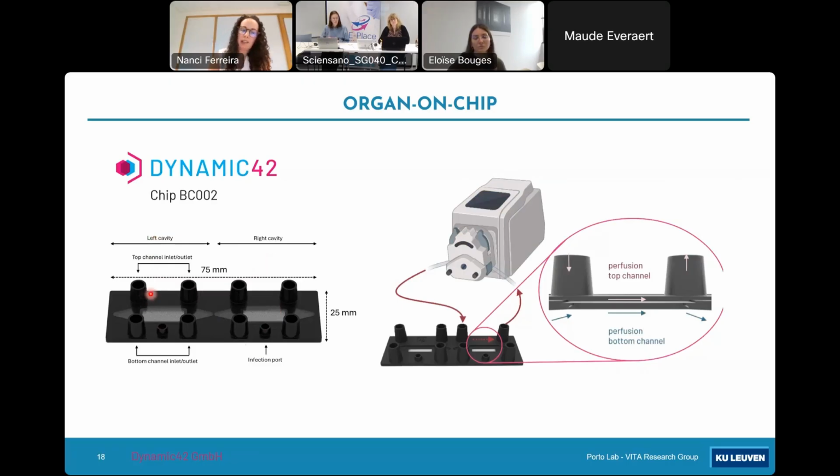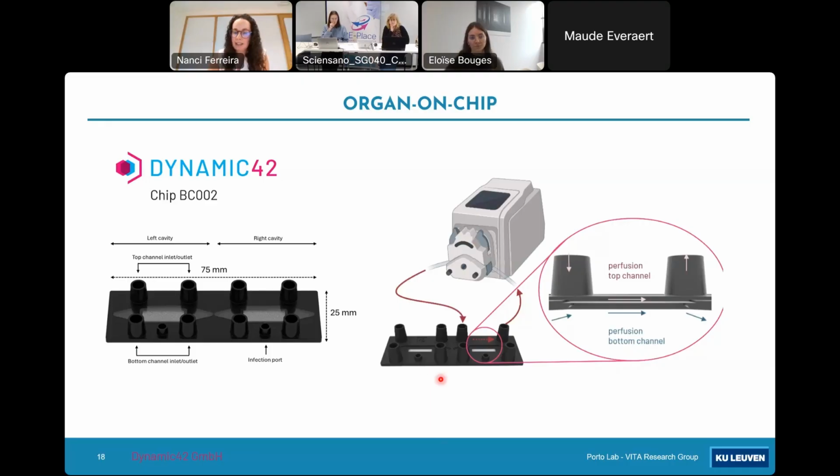Each cavity has an upper and a lower cultivation chamber that is separated by a semi-permeable membrane with a customizable pore size. In our case, we have an 8 micrometer pore diameter to allow cell migration between the two chambers.